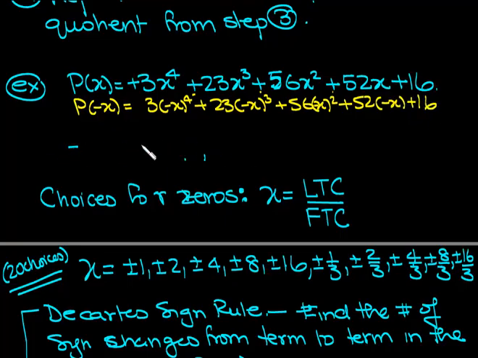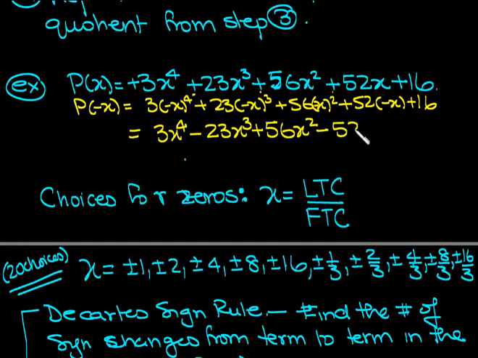So we end up with 3x to the 4th, because any negative number to an even power is just positive. Then we get negative 23x cubed, because any negative number to an odd power is negative, plus 56x squared minus 52x plus 16.